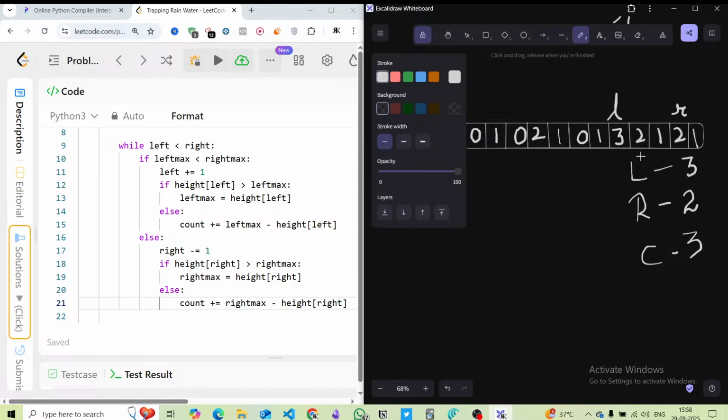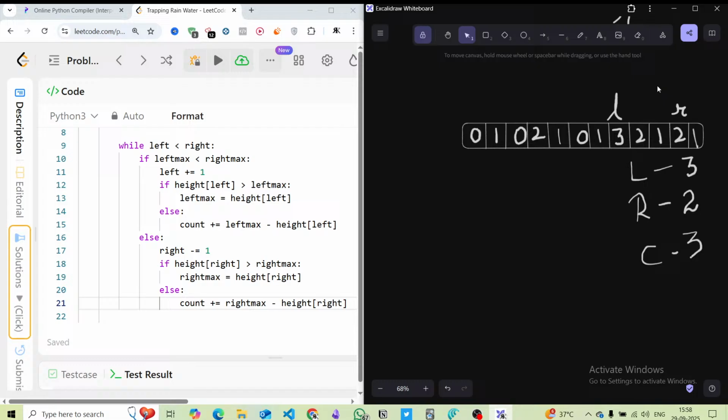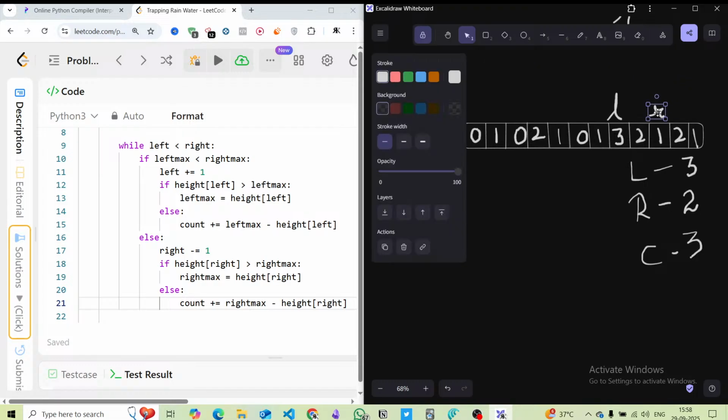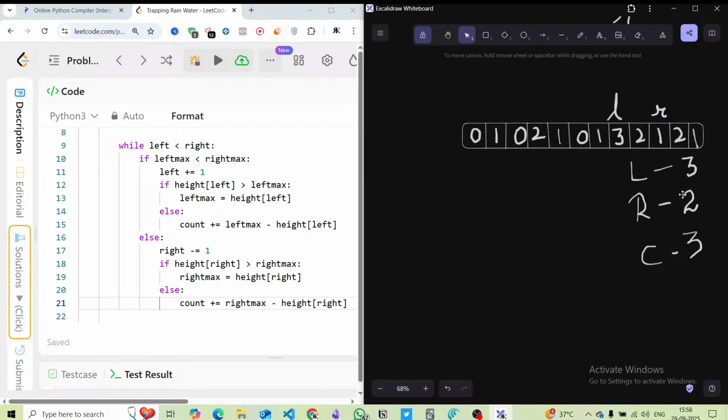So after that, again check 3 less than 2. No, sorry, 3 is greater than 2, right? So what we need to do is move the right pointer to here and then check the new value is greater than, no, it's not greater. So we just add it to the count. So 2 minus 1 is 1. So here we just add, so 3 plus 1 is 4.